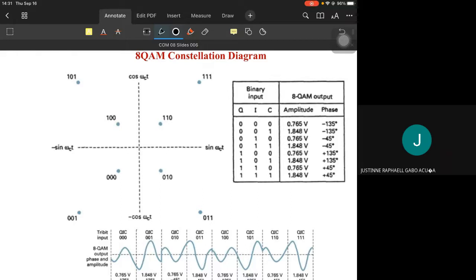Circles. Pero circle pa ba gyapon sila? Square. Yeah, square. Okay. So, square.